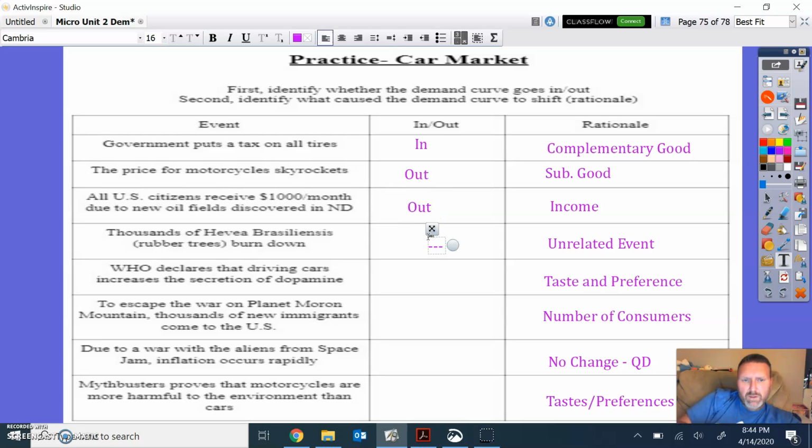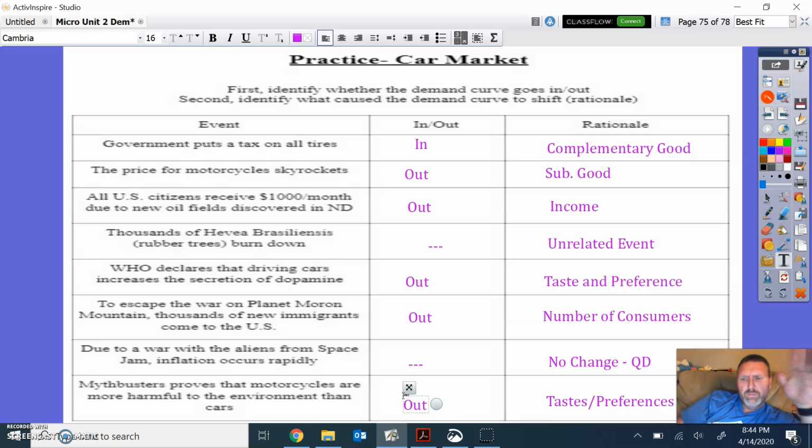No change, because it just doesn't get there. Dopamine's a good thing. Out. New immigrants drive cars. Out. We said no change, and we said tastes and preferences, so it's going to move out. You can see that most of these are going to move out, and we have that one moving in there.